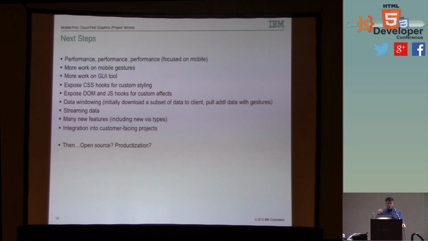Then we're working on data windowing and streaming. We have another project at IBM which is using streaming Twitter data, and to visualize things there, they're using Verona. So we'll be getting into streaming, and then the features and integration into IBM customer projects. That's what we're working on the next few months.